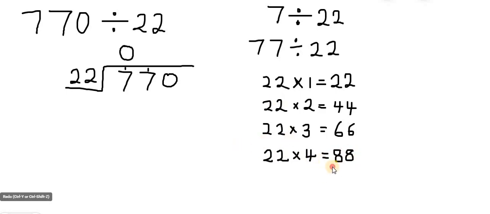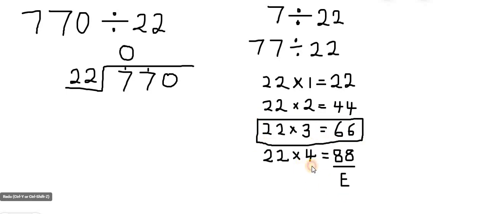So, we have to look in the answer column for 77. We don't have that, so we then pick the number that's less than and closest to 77. So that would be 66. So we pick that line.